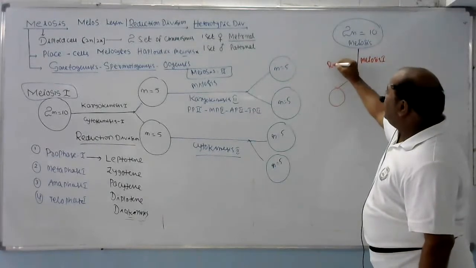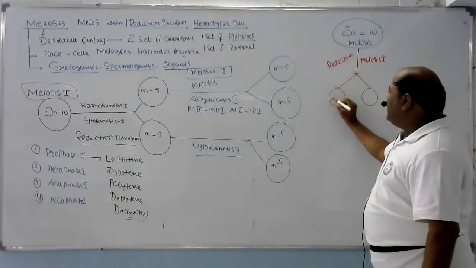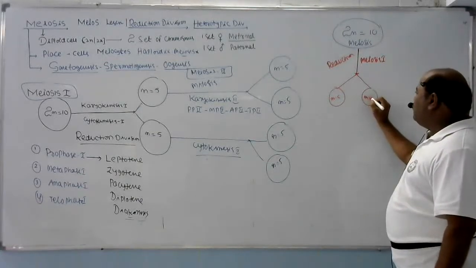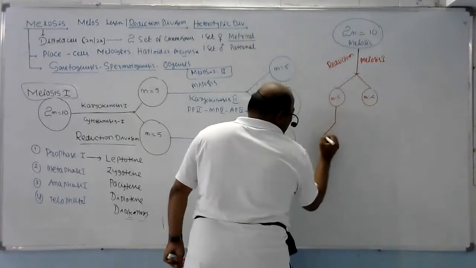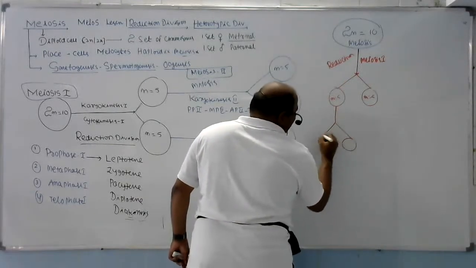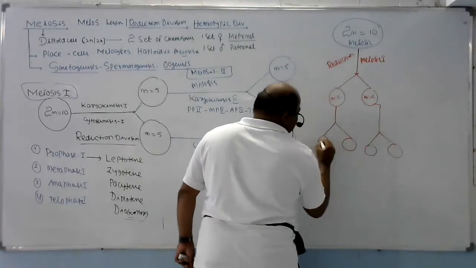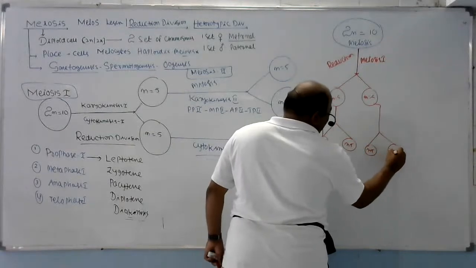Okay. Now, this process is the reduction process. Here n equals 5. Next, each one of these cells is once again divided. Now, how many cells do they give rise to? 2 cells. Here n equals 5, n equals 5, n equals 5.